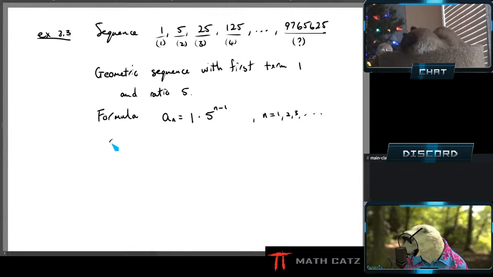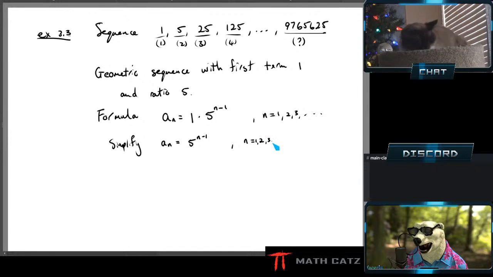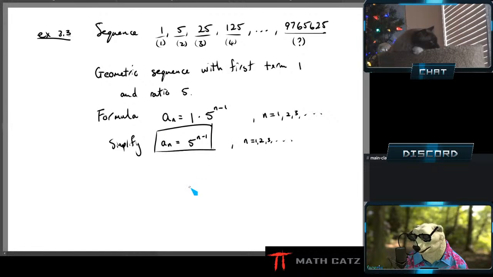Now, I can simplify it to make my life a little bit easier. Because this is a 1, I don't have to write the 1. 1 times anything is just that thing. But if I have a different first term, of course, that changes the game. So here is my explicit formula.